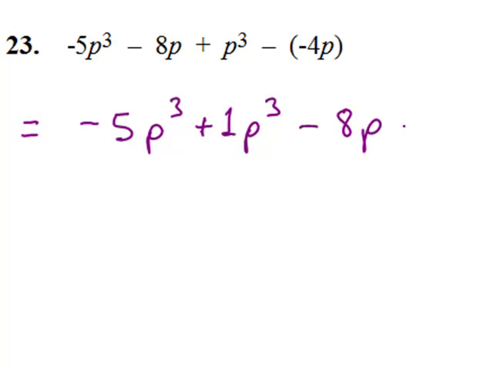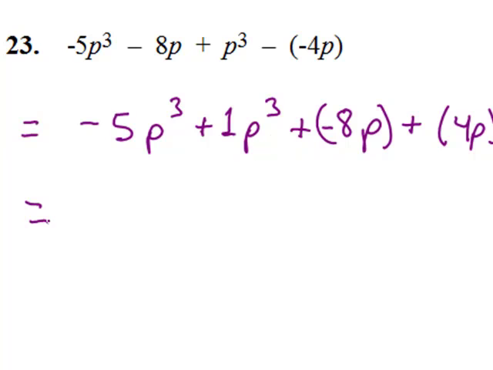Oh, you know, I'm going to change that to plus a negative 8p. So let me erase the minus sign just a little bit and we'll start fresh with that. Make this plus a negative 8p, and for the minus a negative 4p we'll make that plus a positive 4p. Well, I guess I didn't need parentheses there, but that's okay.